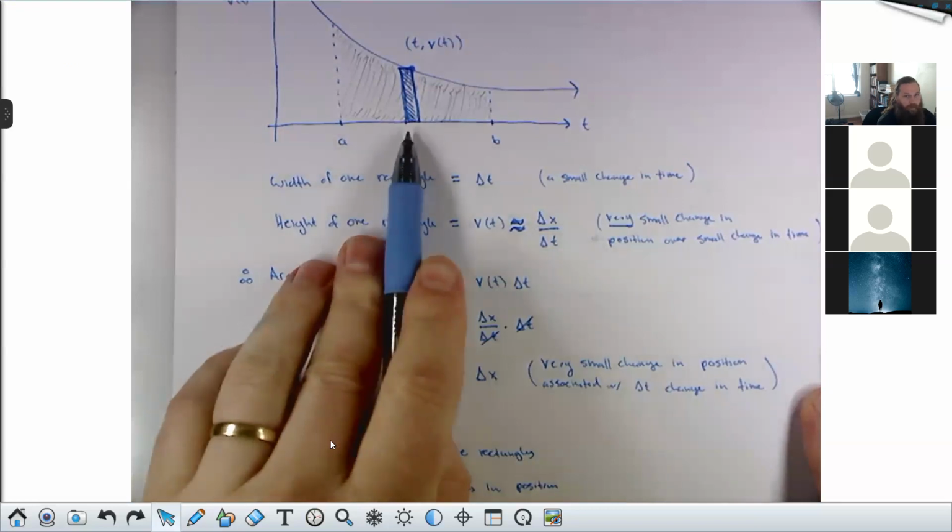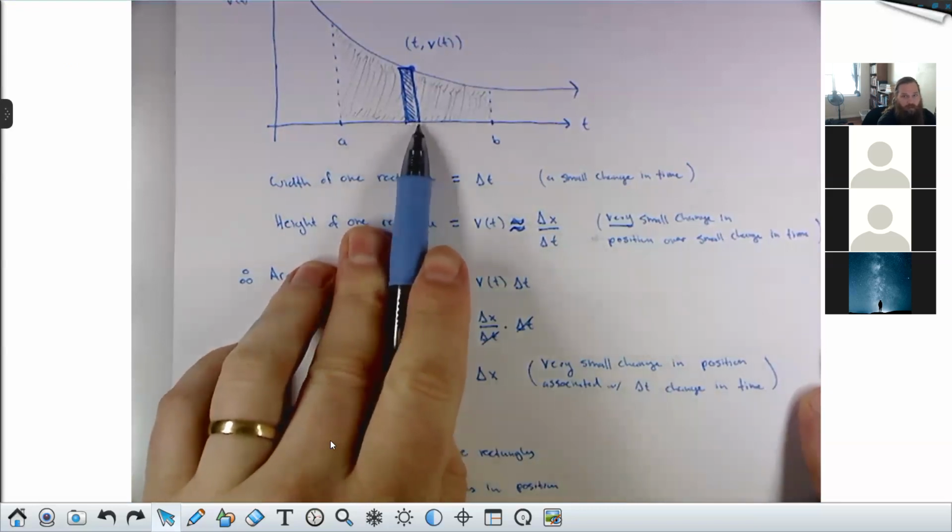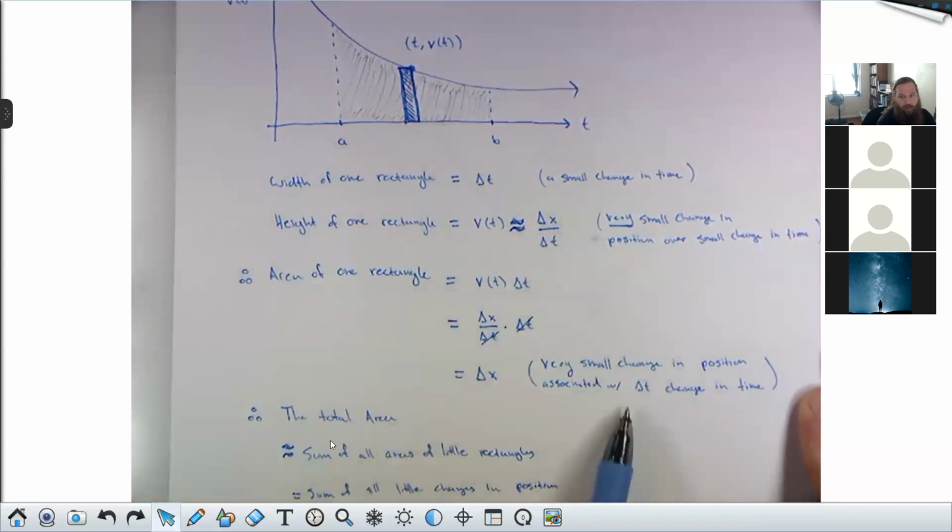This little rectangle's area is the distance I travel over this little time interval. That's what change in position is, right? A change in position is a distance. I go from this position to this position. That's a distance. So each little rectangle represents the little distance covered by my object from the time here at the start of the rectangle to the time here at the end of the rectangle.